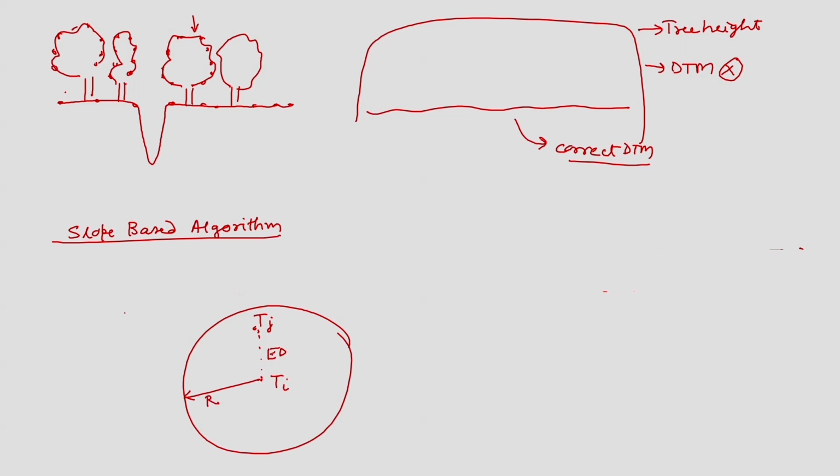Now, if I calculate the slope between Ti and Tj, that will be tan inverse of Zi minus Zj divided by the Euclidean distance between Ti and Tj, and we are finding the Euclidean distance on xy only.